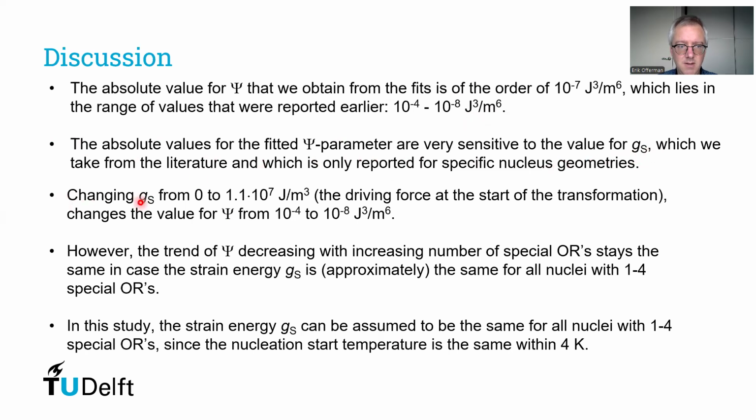To illustrate that, if we change the strain energy from 0 to 1.1 times 10 to the 7, which is the driving force at the start of the transformation, this psi value changes from 10 to the minus 4 to 10 to the minus 8. So this is 0 strain, and these two numbers are related.